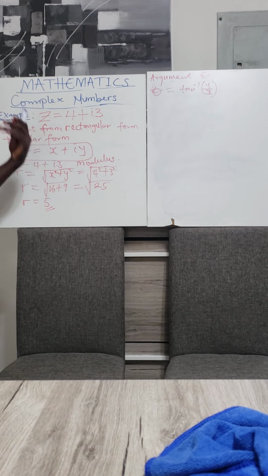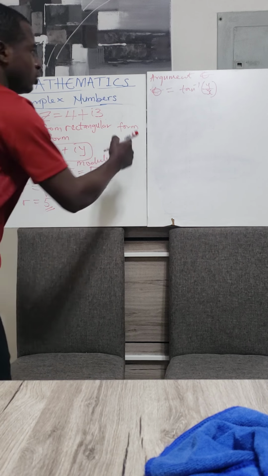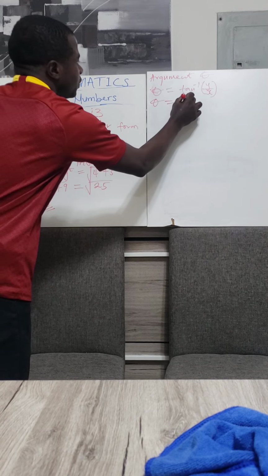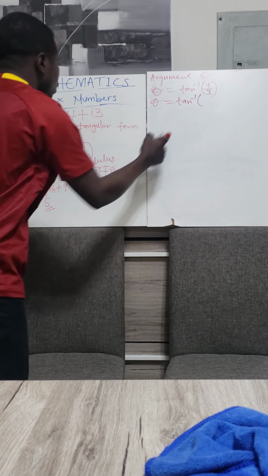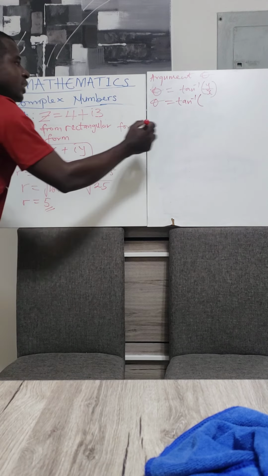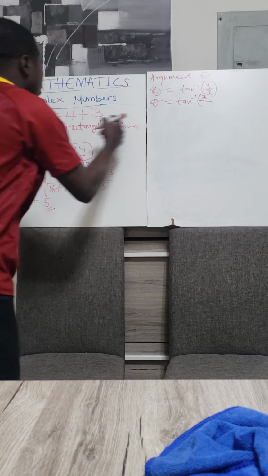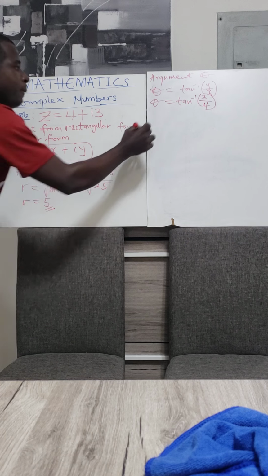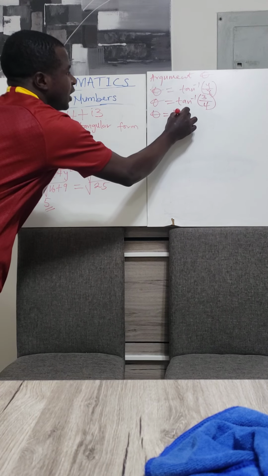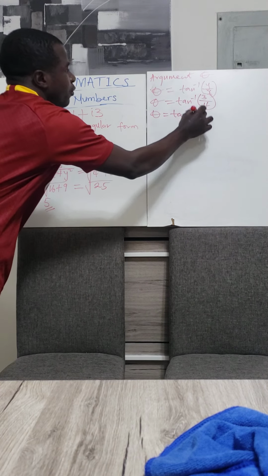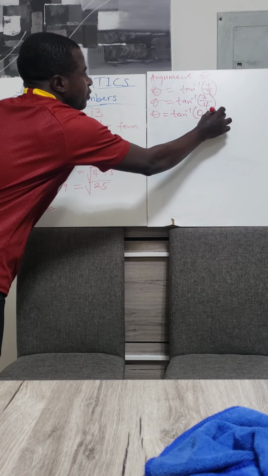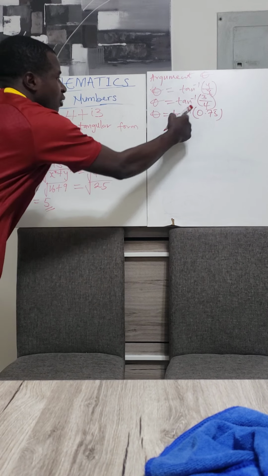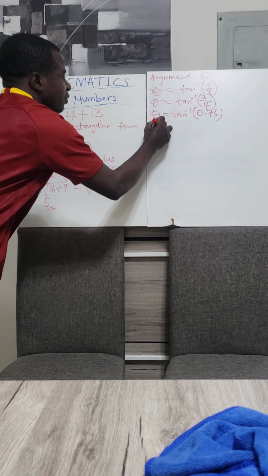We know y in the question and we know x. Let us just substitute appropriately. Therefore, our theta is equal to tan inverse, what's our y? Our y is 3, while our x is 4. Therefore, our theta gives us tan inverse of 3 divided by 4, which is 0.75.